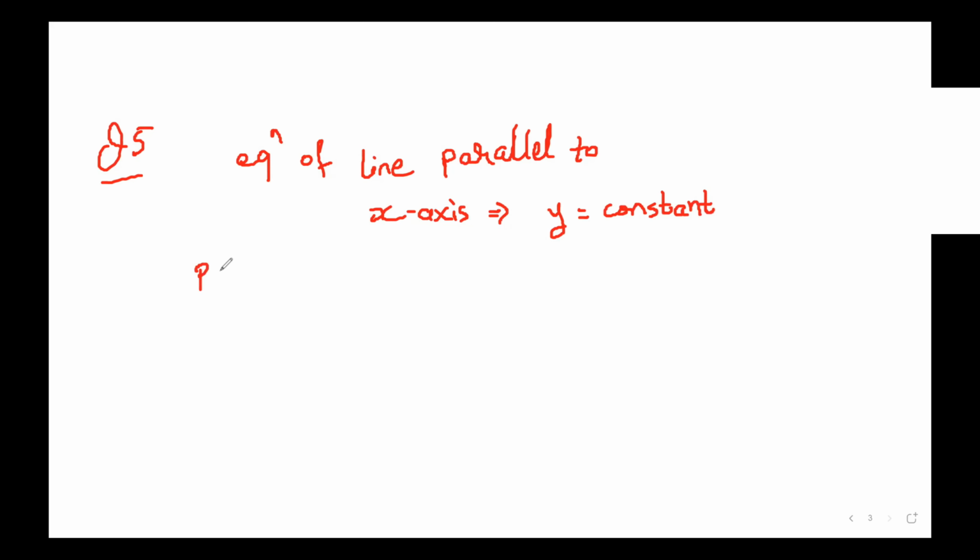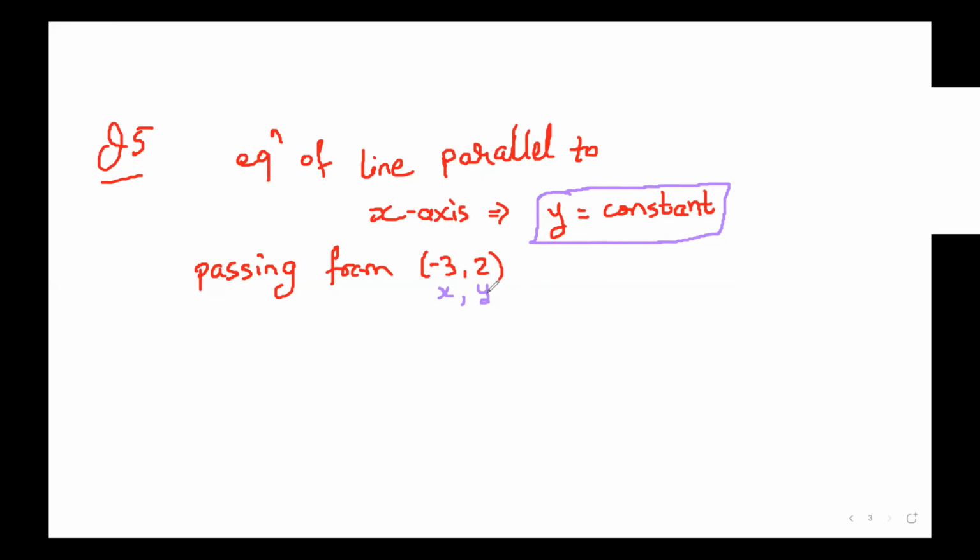Now if the line is passing through (-3, 2), that means x is -3 and y is 2. x, y are the coordinates. We require y equals some number. So y equals, what is the number in this case? So this is the answer.